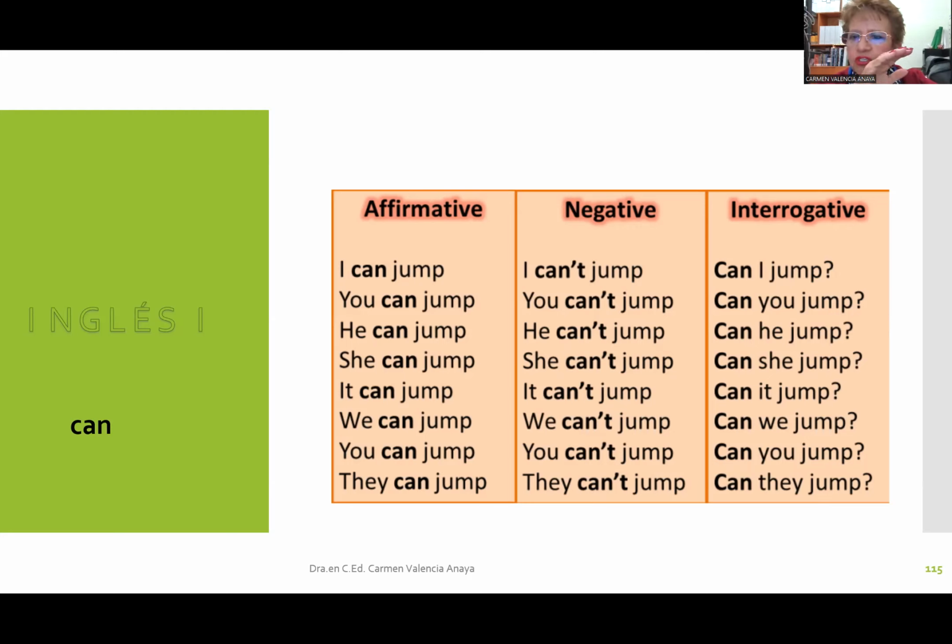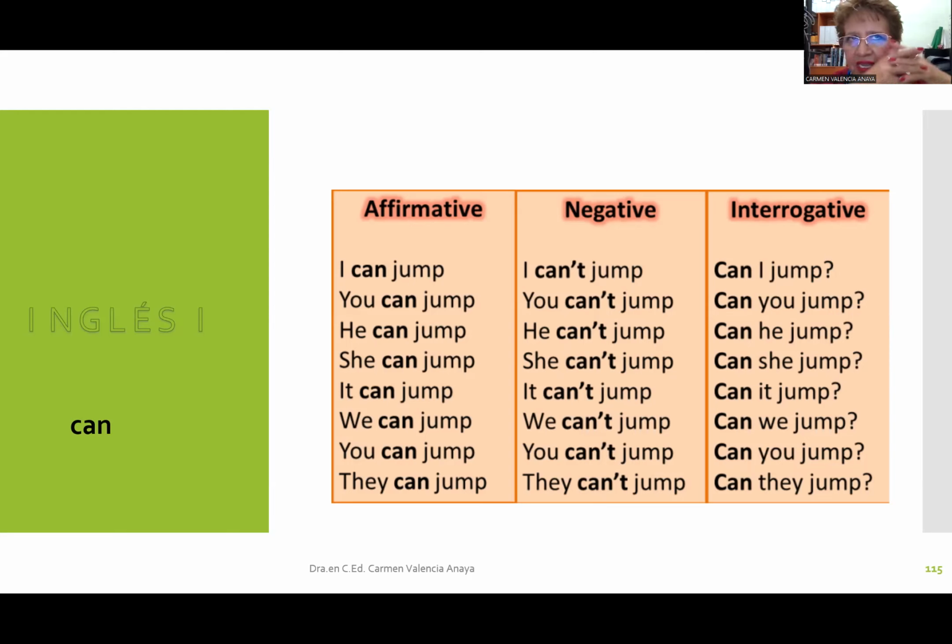And later you are going to use the simple form of the verb: jump, run, learn, study, write, and so on. There is no change using can. Can is going to be applied for all people, and it's going to be followed by the simple form of the verb.